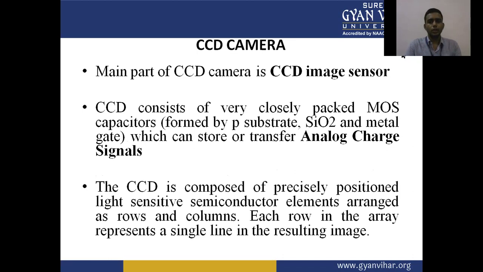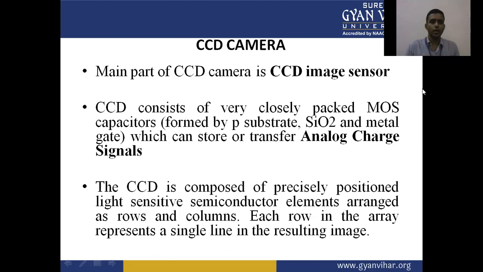Now we come to the main part of the TV transmitter, that is the camera. The main part of the CCD camera is the CCD image sensor. This type of image sensor senses the image.